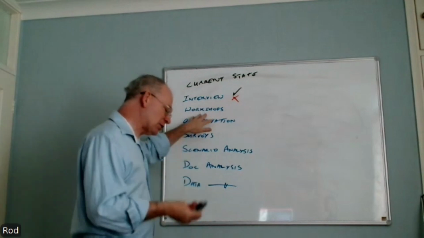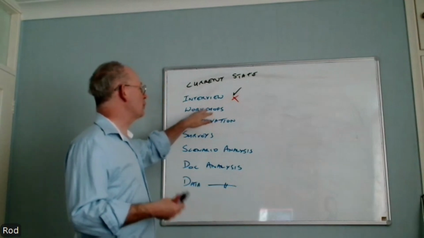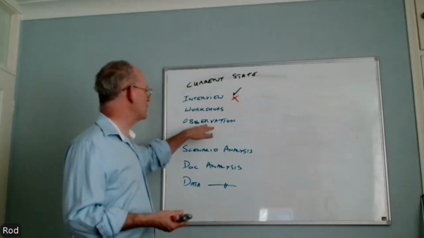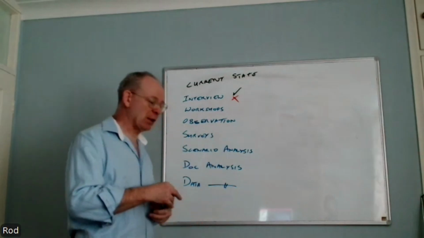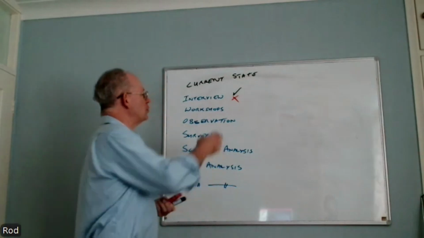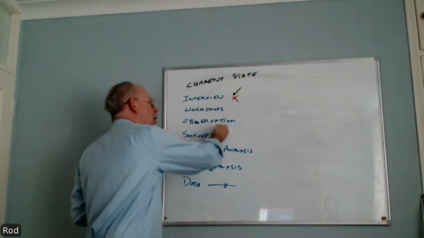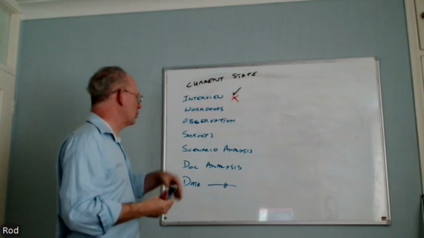Workshops, good for getting consensus, for getting groups of people together for their point of view. Bad, it needs to be well managed. People may dominate it, can be difficult to organize. Observation takes a lot of time, however, often used to confirm the findings up here. Observation is also good at getting at tacit knowledge.